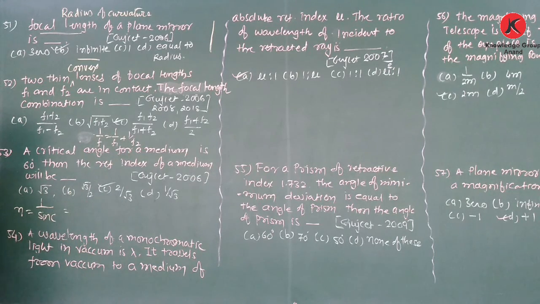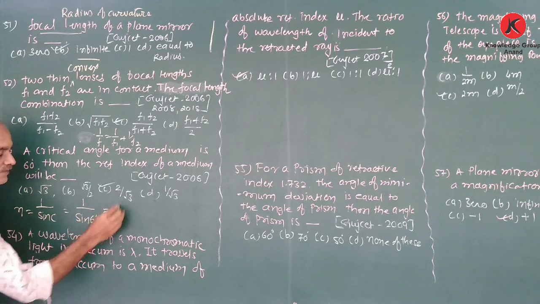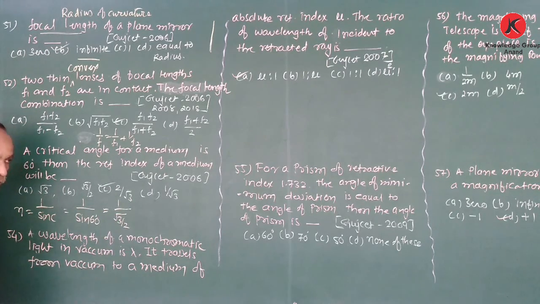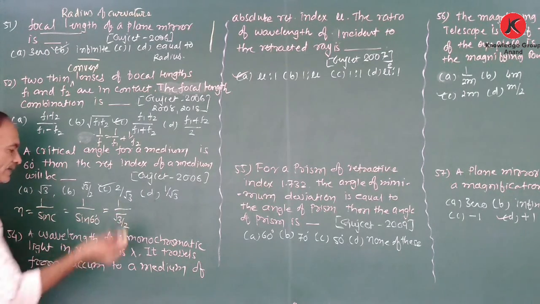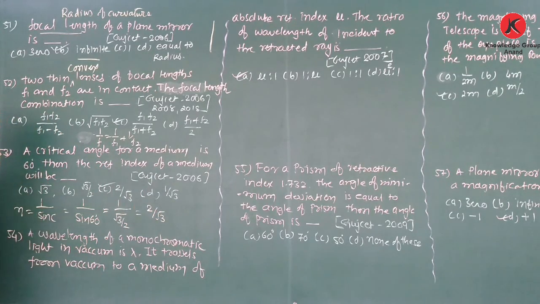Here the critical angle of the medium is 60. So 1 upon sin 60. Sin 60 is root 3 by 2. Therefore, the refractive index is 2 upon root 3. So this was asked in 2006.